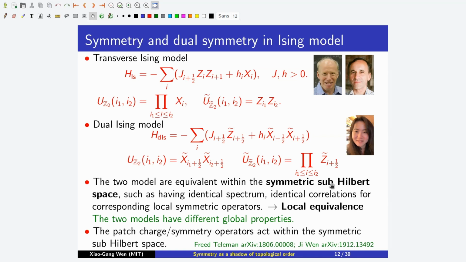Again, this looks strange, and at the beginning this puzzled us. If you look at the symmetric sub-Hilbert space, what is the symmetry transformation? It's the identity. It doesn't do anything. So it looks like when you look at the symmetric sub-Hilbert space, you're missing any information about the symmetry.